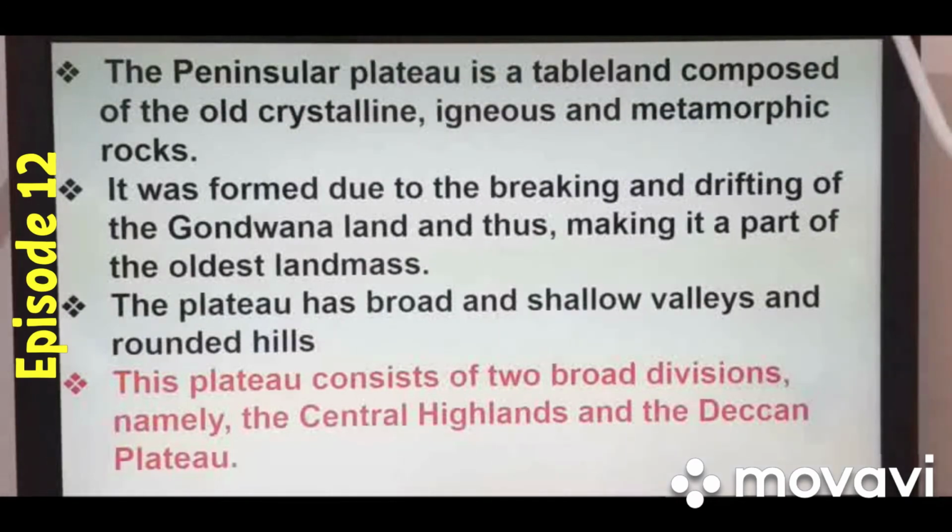In this way, our oldest Indian landmass, the Peninsular Plateau, was formed.